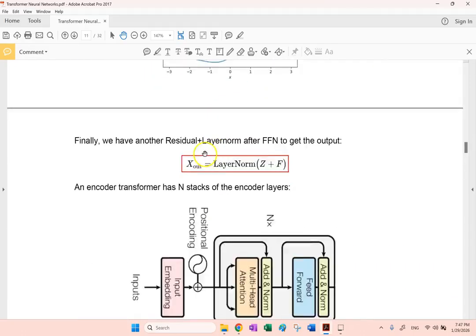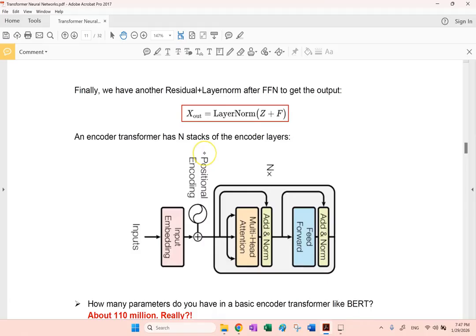So at the very end of it, this is what you're gonna get. This is the multi-attention head. These are the add and norm, and then each one, the output will go to a feed forward, another add and norm, and then the final output is gonna be n stacks of these multi-heads.